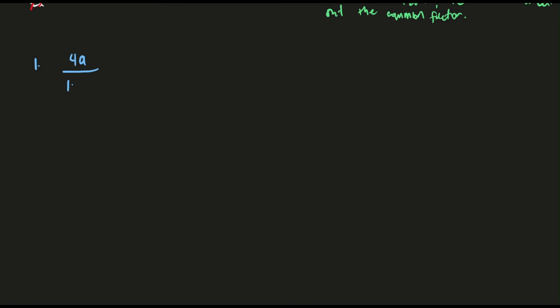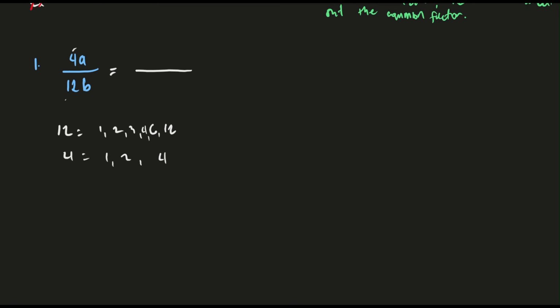4a over 12b. Okay, now what particular number both divides 4 and 12? We know that the factors of 12 are 1 and 12, 2 and 6, and we have 3 and 4, right? Now our factors of 4, we have 1 times 4, 2 times 2.